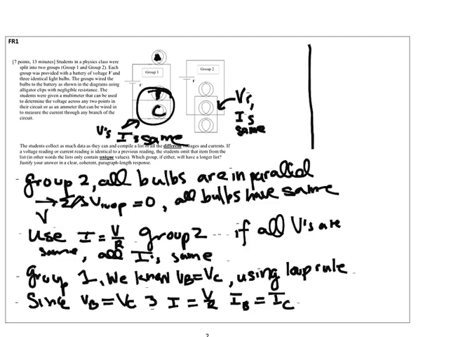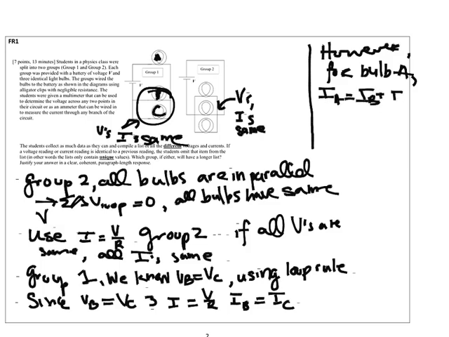However, for bulb A, IA is equal to IB plus IC, so IA can't be equal to IB, and IA can't be equal to IC.